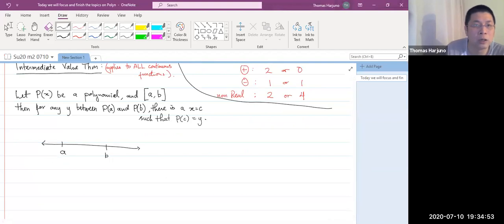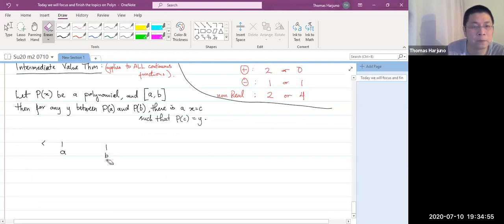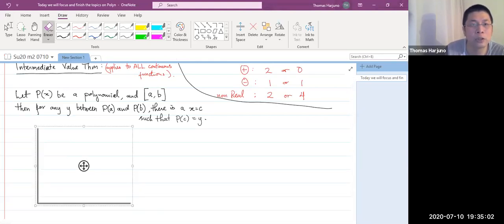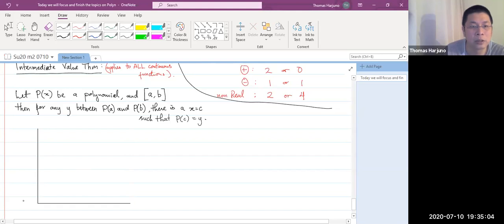Now, here's the situation. Suppose I have a continuous function like this, like that. Okay, and let's say this is a, and therefore this is P(a), right? And this is b, therefore this is P(b).